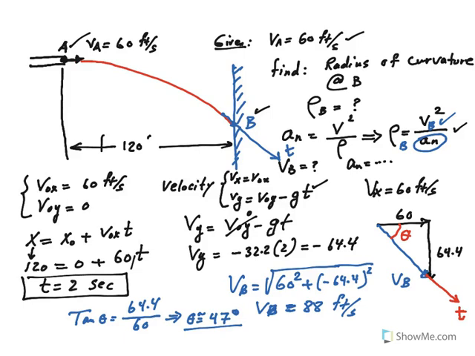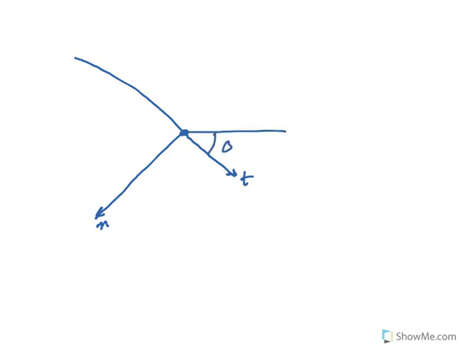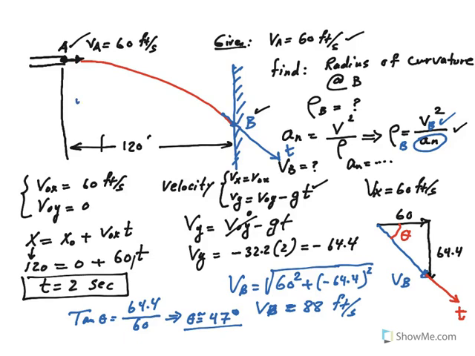All right, how are we going to use this angle to find normal acceleration? Let me move to the next page and draw point B. This is the tangential axis, and this is the normal axis at that instant. This angle theta was the 47 degrees that we determined. What is the total acceleration for projectile motion?